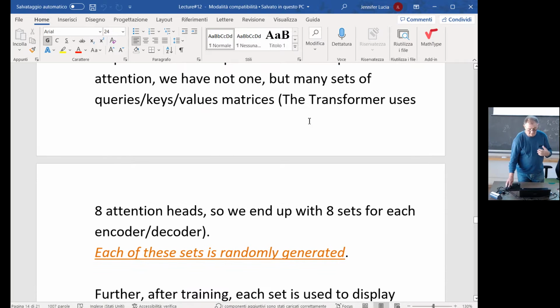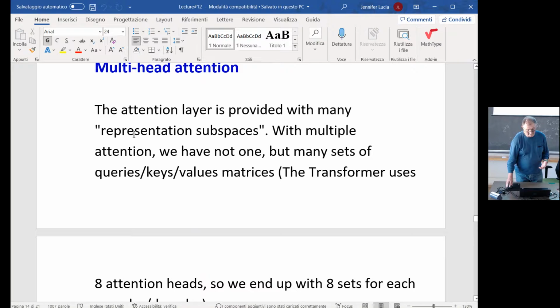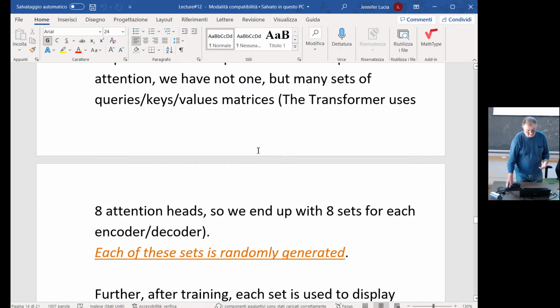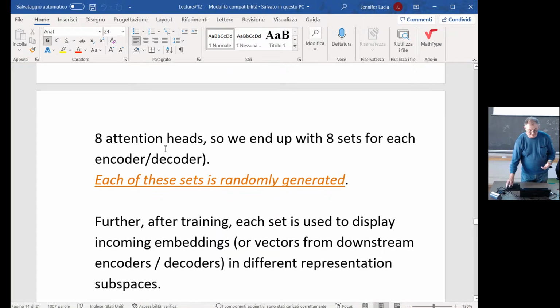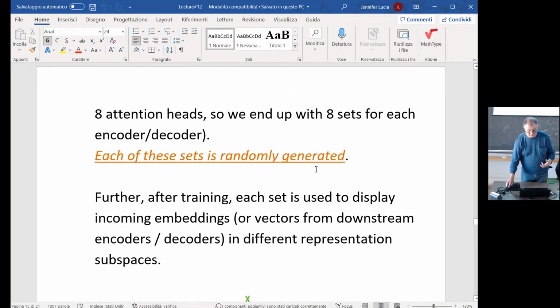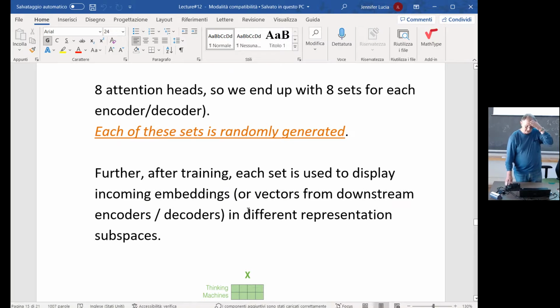Of course, we have such replication of, for example, 8 times the same thing. It can be done, and we have 8 different representation subspaces. So the transformer uses 8 attention heads. We end up with 8 sets for each encoder and decoder. Each of these sets is randomly generated.